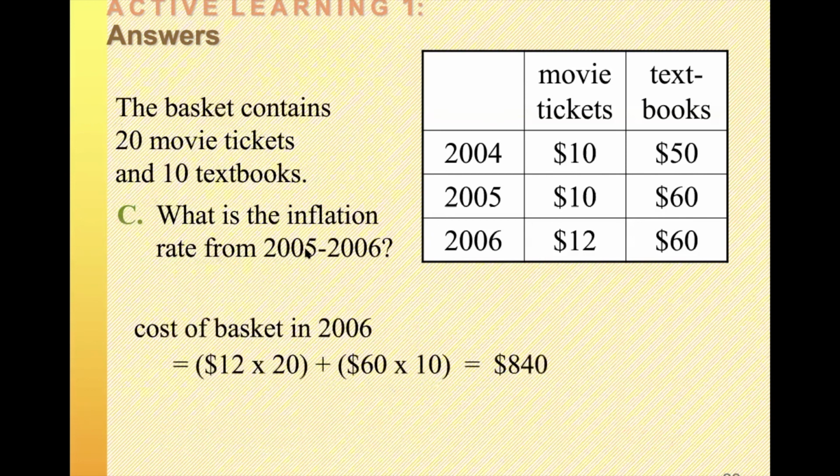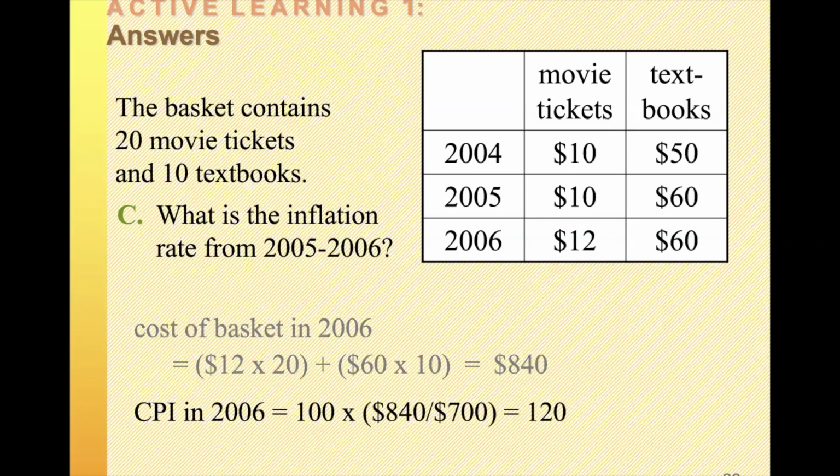The inflation from 2005 to 2006, what you need to do is you have to calculate the cost of the basket in 2006. Otherwise, you cannot get the CPI, right? So there are three steps. First, you get the cost of basket 840, and then you get the CPI 120.